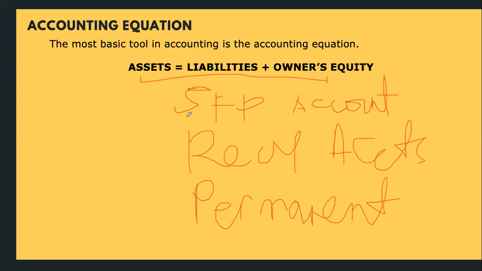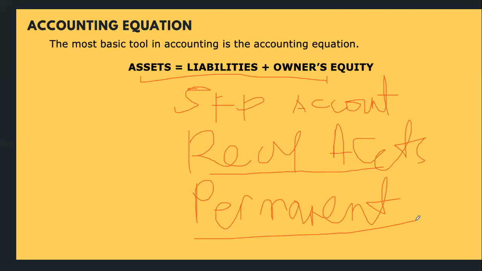These are the elements of the financial statements, and they are called real accounts. Real accounts are permanent accounts. Why permanent? Because their ending balances are carried forward in the next accounting period. As long as there is an ending balance, it will be forwarded and become the beginning balance on the next accounting period. So permanent siya. As long as there is a balance, always siya makita sa imong statement of financial position. That's why they are called permanent accounts.